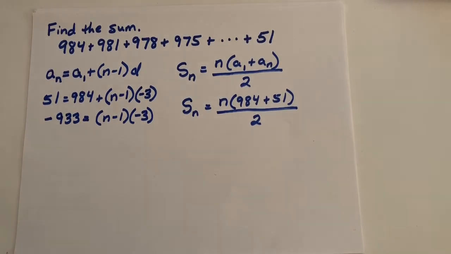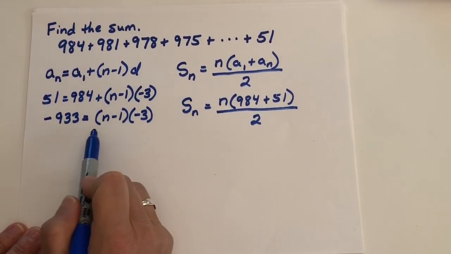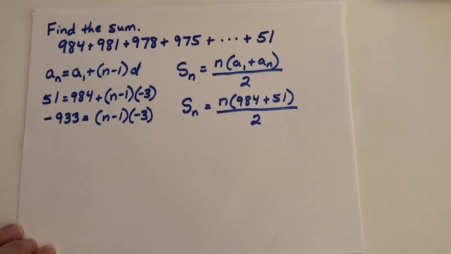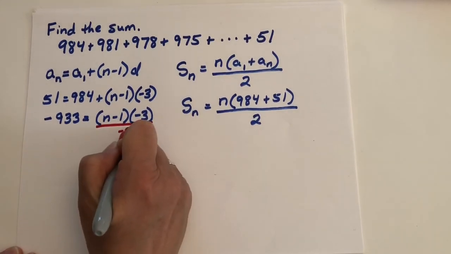And by the way, that is not something that you need to do. If you feel more comfortable distributing that -3 and solving the linear equation that way, go ahead and do that. It doesn't matter. But I'm just going to divide both sides by -3 this way.